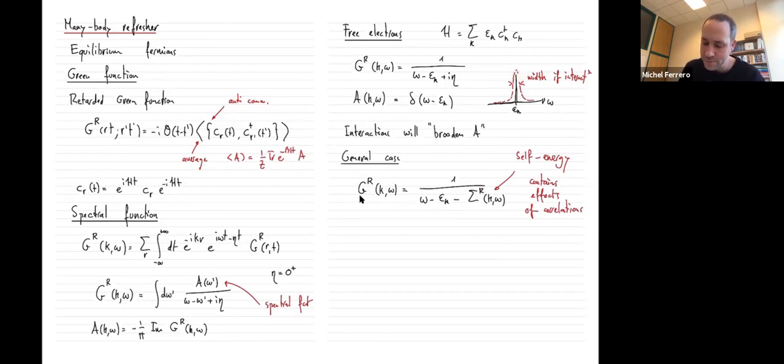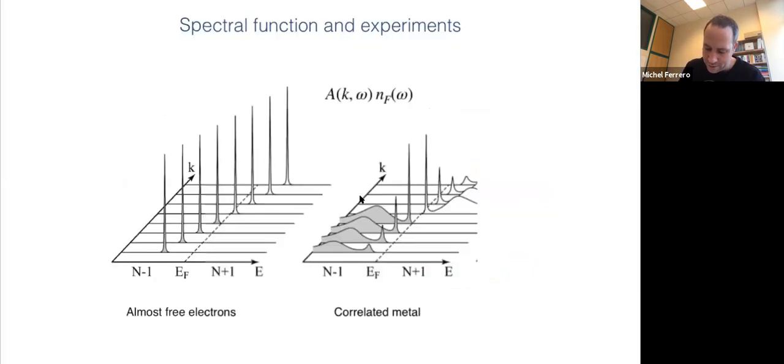So if I go back to a realistic system, this is not an experiment here, but it shows how the spectral function would be for almost free electrons, which is that picture of that delta peak we were looking at with a tiny bit of broadening. And as I increase k, this moves just like the band. So this has a dispersion which looks very much like epsilon k. In a correlated metal, you would see something quite different.